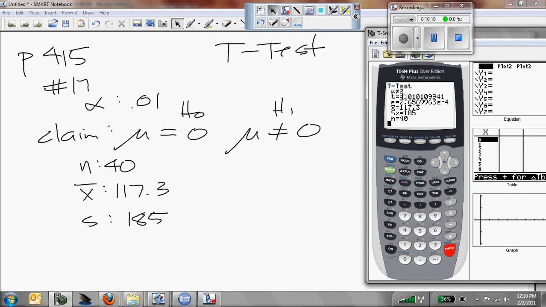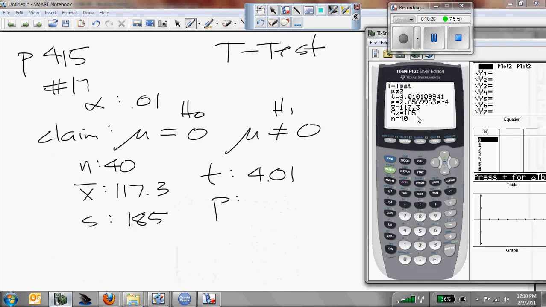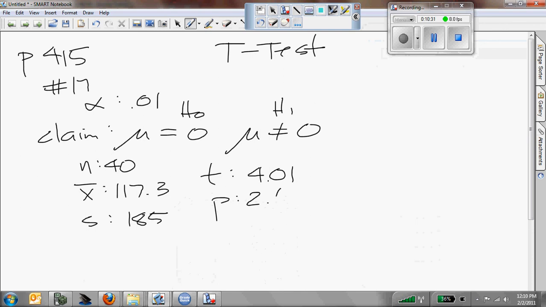And we write down our test statistic and p-value. Test statistic is 4.01, and this is a t test statistic, 4.01, and our p-value is 2.67 times 10 to the negative 4. So we compare our p-value to the significance level.